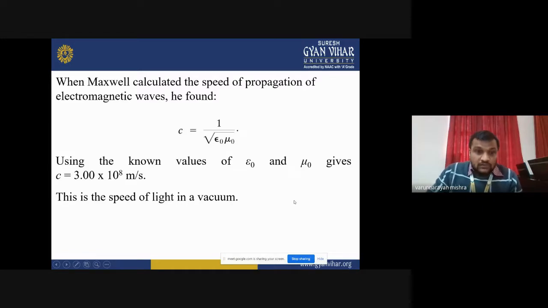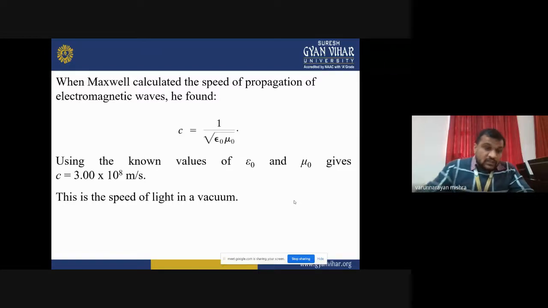Okay, so what was done by Maxwell proves that electromagnetic radiation is a kind of light, or you can say electromagnetic radiation is a form of light, which is the fastest entity in the universe.